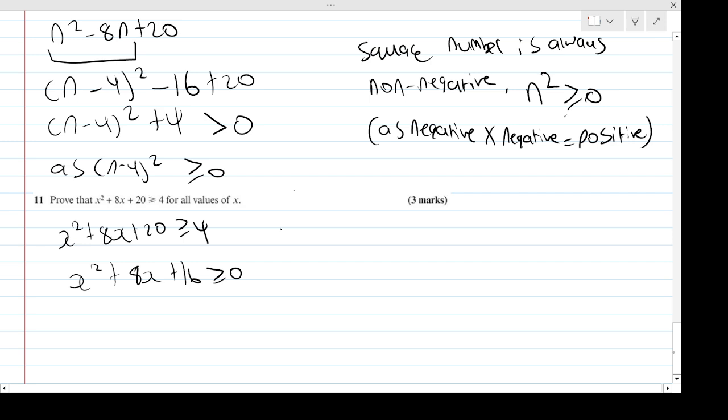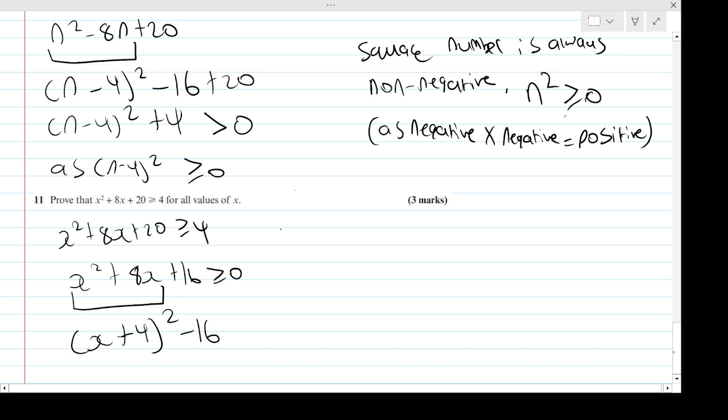Well, how am I going to complete the square? That's really the only thing I can do if I'm not solving anything. So complete the square. Again, it's just completing the square on the x part, so it's going to be x plus half of 8, which is 4, all squared. Then I'm going to take away 4 squared, which should be minus 16.